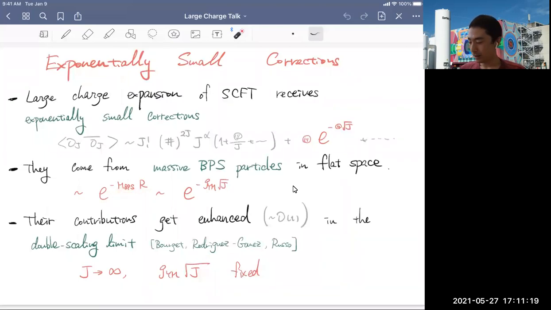Interestingly, if you have some marginal direction, you can consider a different limit in which these contributions get enhanced and become order 1 rather than exponentially suppressed. That's what people call the double scaling limit, initially discussed in this paper, I think, which is to take J equal infinity while keeping this fixed.